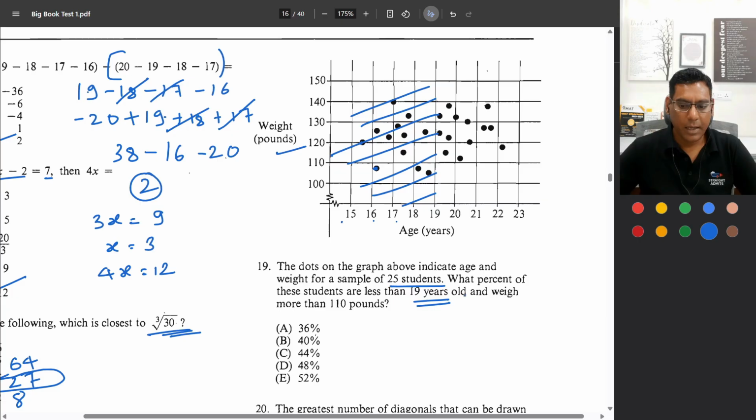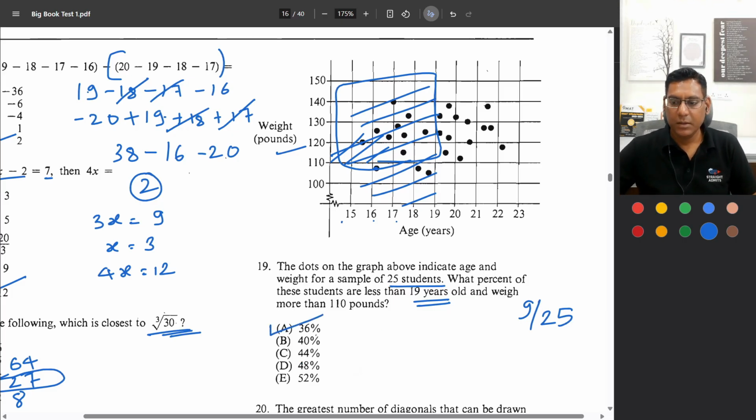More than 110, so basically I need these fellows in this box. So there's how many? 1, 2, 3, 4, 5, 6, 7, 8, 9. 9 folks out of 25. Correct. So that's 36%.